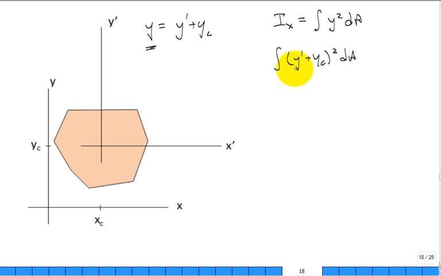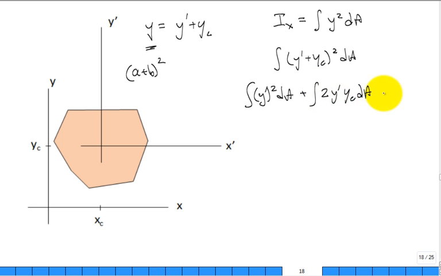We expand, just like a plus b quantity squared is a squared plus 2ab plus b squared. You get the integral of y prime quantity squared dA plus the integral of 2 y prime yc dA plus the integral of y sub c squared dA.